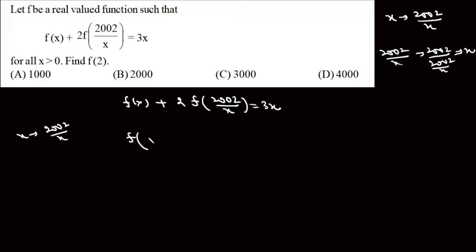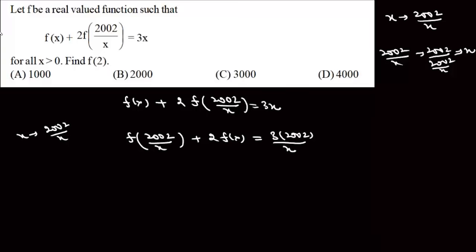So it will be f(2002/x) plus 2f(x) equals 3 into 2002/x. Now it's a simultaneous equation in f(x) and f(2002/x).